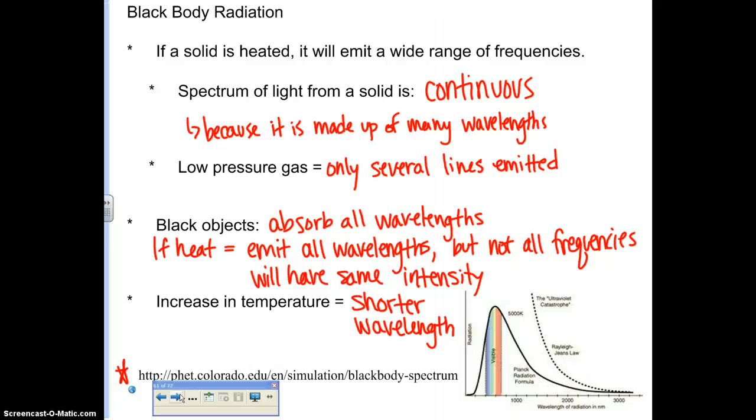Black objects absorb all wavelengths. If heated, the emission of all wavelengths will be seen, but not all frequencies will have the same intensity. An increase in temperature will give you a shorter wavelength, thus a higher frequency. Make sure you do this PhET simulation.